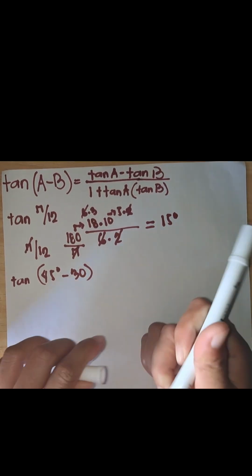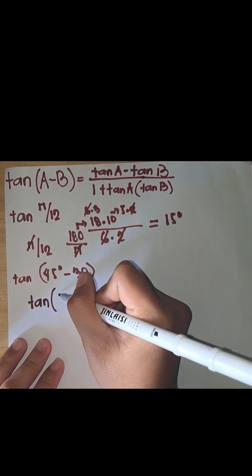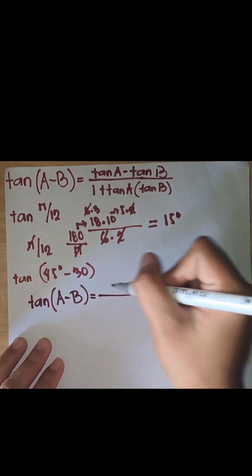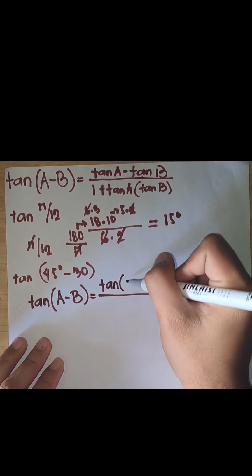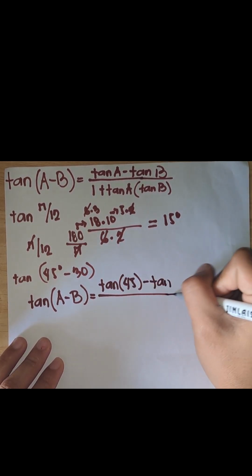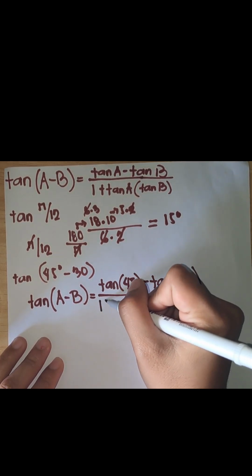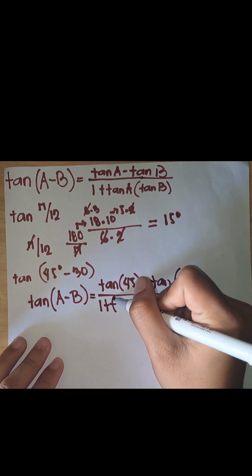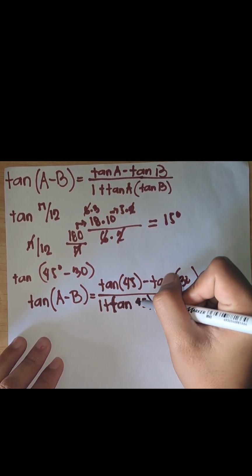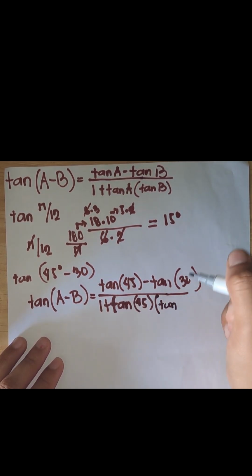We have tan(A minus B) equals tan 45 minus tan 30, over 1 plus tan 45 times tan 30.